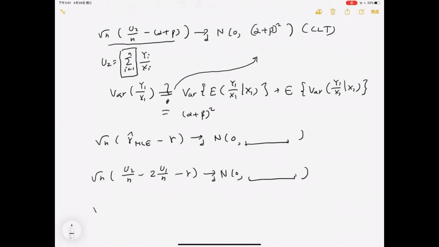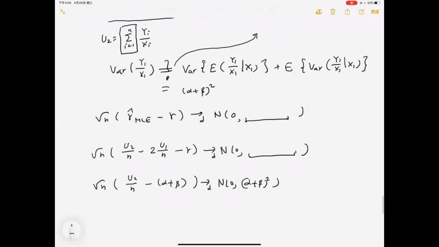But the point is, you do know that U2 and right here, okay, minus alpha plus beta goes to D, then normal, 0, alpha plus beta squared.